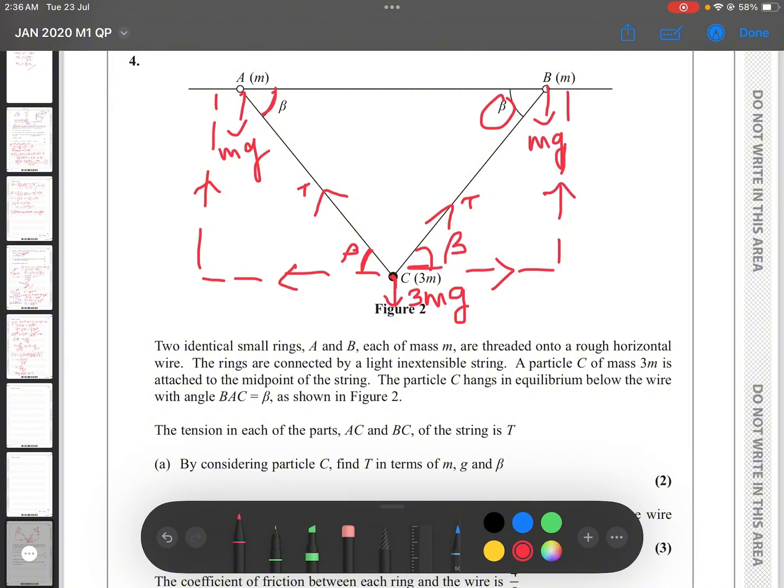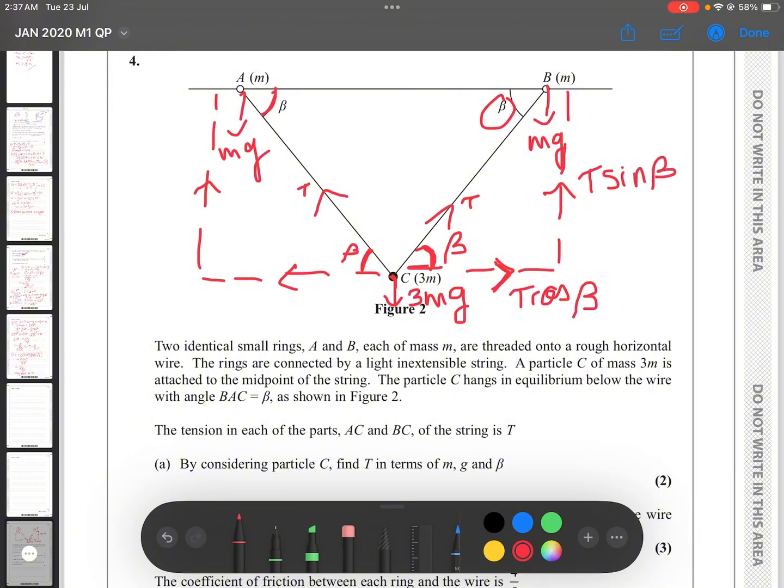Okay. And now when drawing out a vector, there is cos and there is sine. The one with which the angle is there, this angle is joined with this one, the down one. So this becomes cos, the force T cos beta. And the other one that is acting upwards is T sine beta.